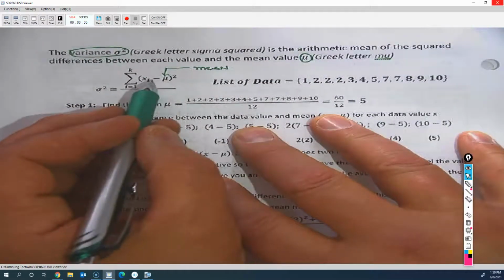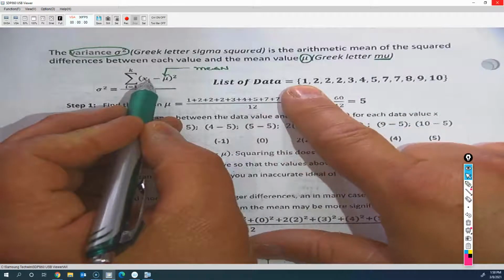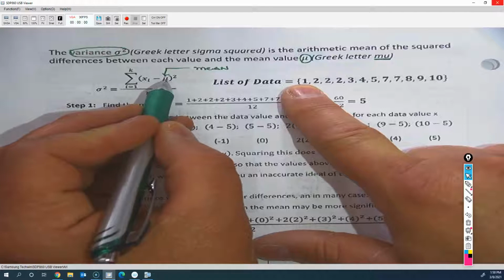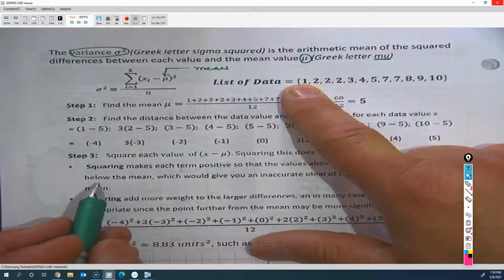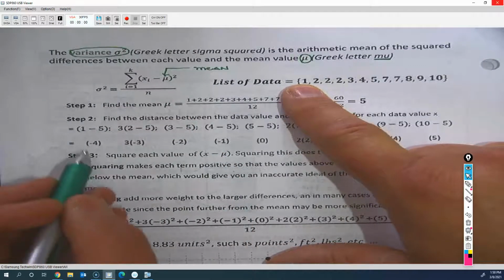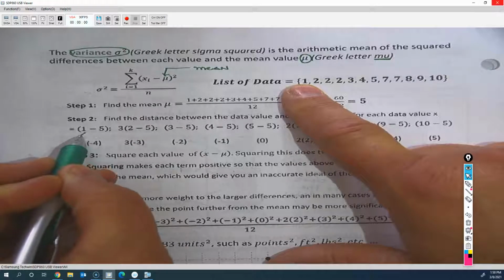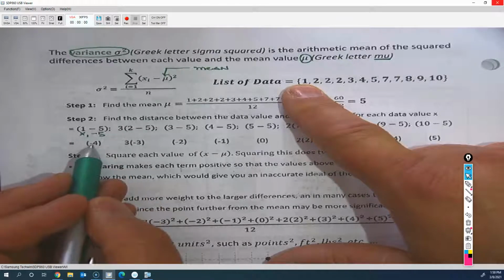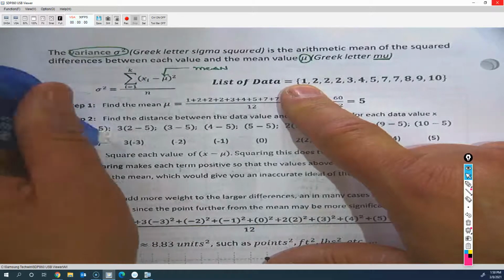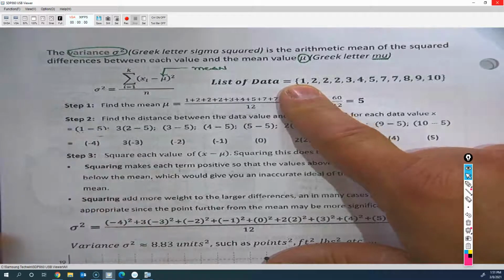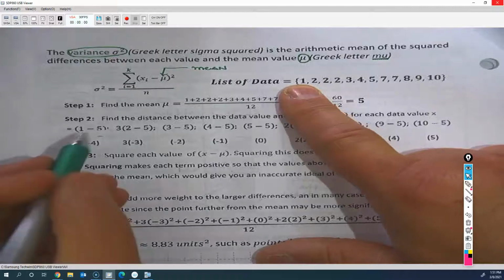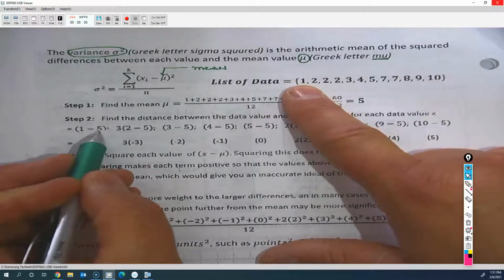This means take each data point and subtract the average. So that's what I did. I took the number 1 and I subtracted the average, and I got -4. So all this stuff means is take each data point and subtract the average.